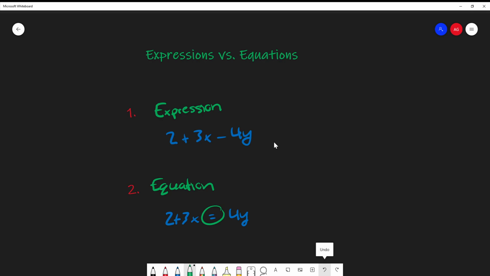They're the same value. So to go over, an expression is a combination of terms, 2 plus 3x minus 4y, while an equation has two expressions with an equal sign.